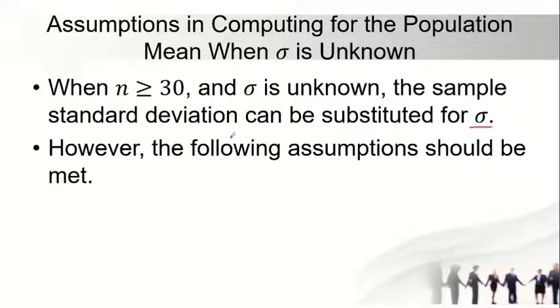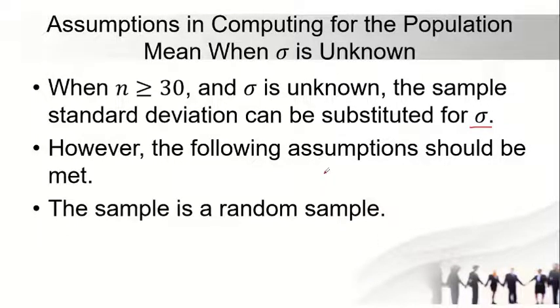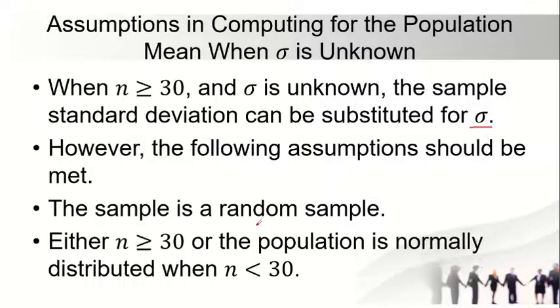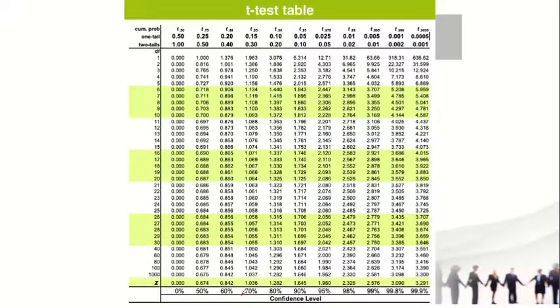However, the following assumptions should be met. The sample is a random sample. Either n is greater than or equal to 30, or the population is normally distributed when n is less than 30.